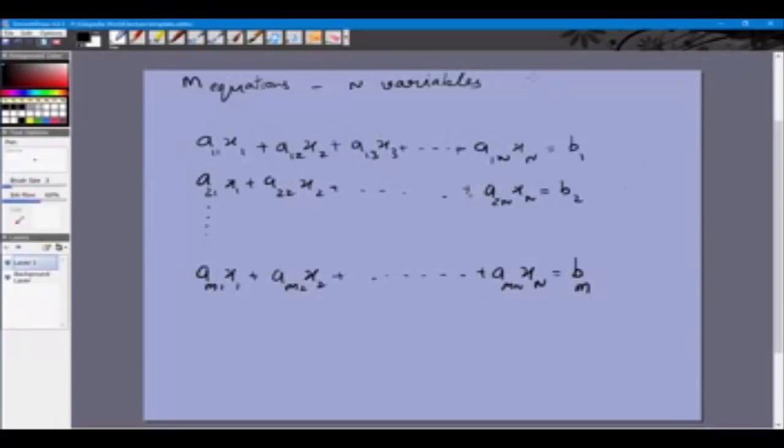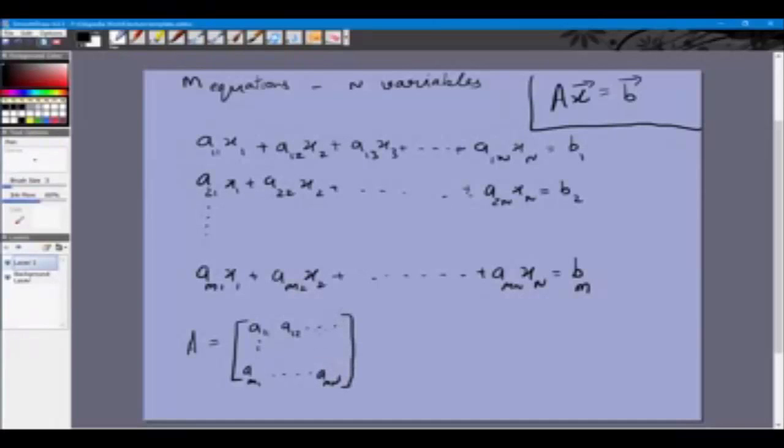Now this system of equations can easily be represented by Ax equal to b, with A equal to a11 a12, and so on down to am1 ... amn. This would be A. X would be x1 x2 till xn, and b would be b1, b2 till bm.